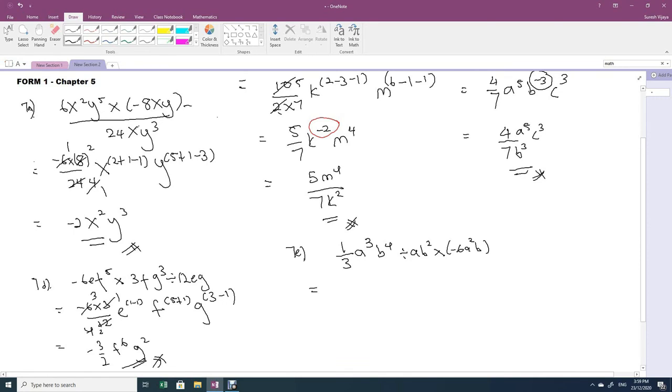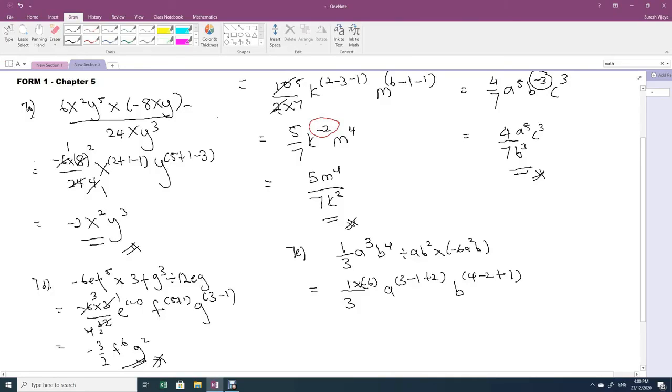So we solve the numbers: 1 over 3 times negative 6 at the top portion. Then we have a to the power of 3 minus 1 plus 2, and b to the power of 4 minus 2 plus 1.